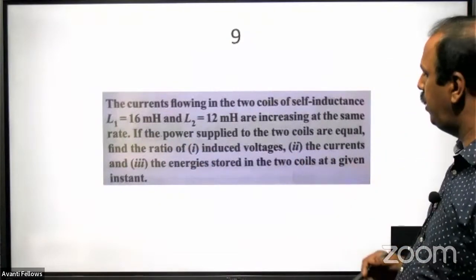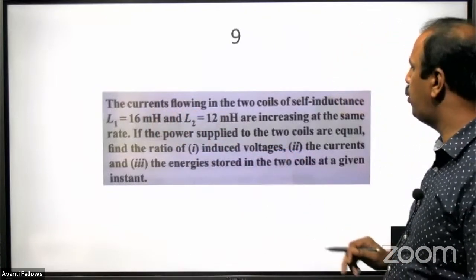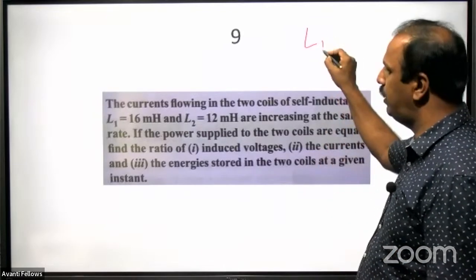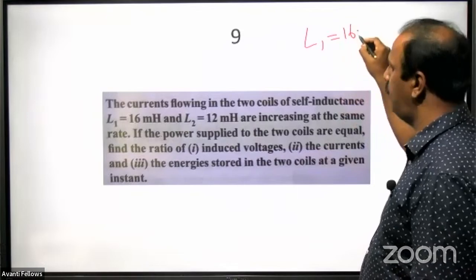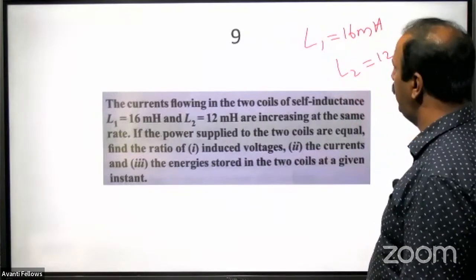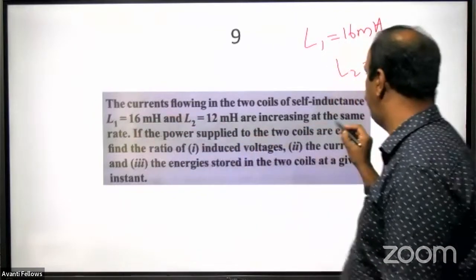This is also a previous year question. The current flowing in two coils of self-inductance, L1 is 16 millihenry and L2 is 12 millihenry, are increasing at the same rate. That is very, very important.